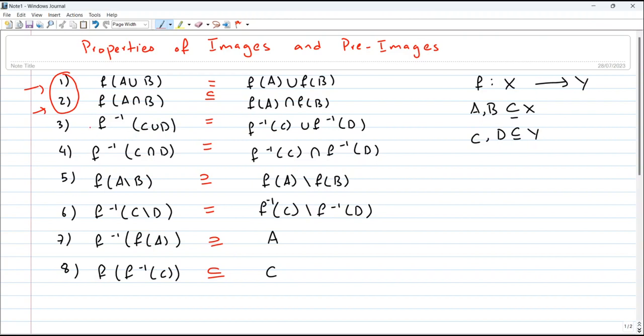Any property that only involves pre-images, you see that it's always an equality. So it's an informal statement, but I would like to say that pre-images are very well behaved, not very naughty, under set operations.